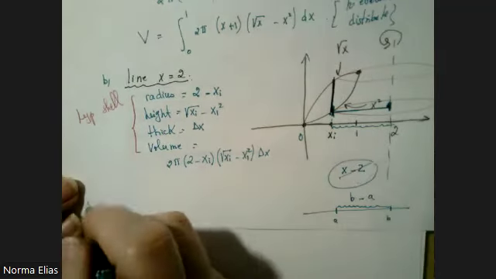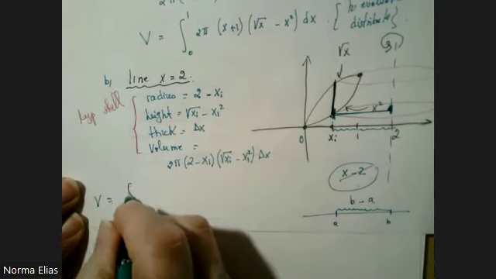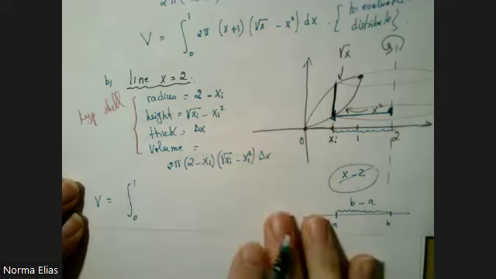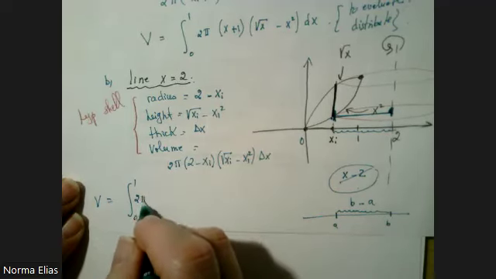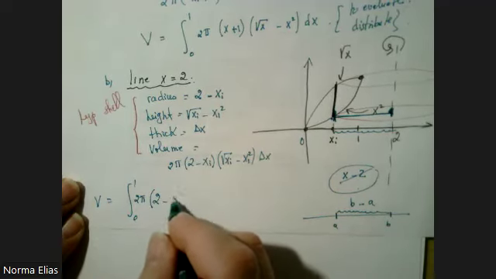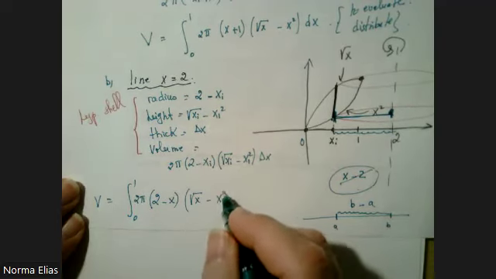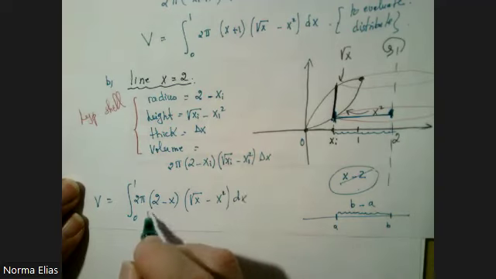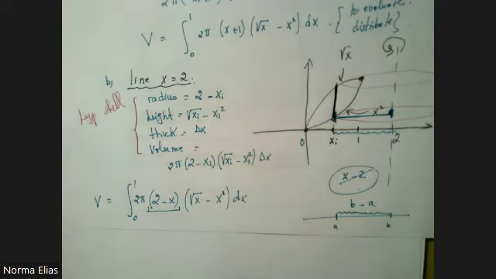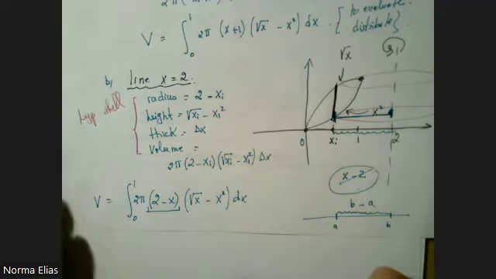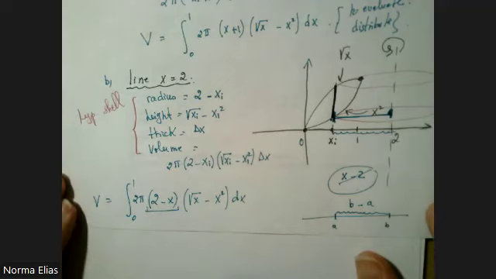So finally, the volume is integral from 0 to 1 of 2 pi times (2 minus x) square root of x minus x squared dx. So this is really the radius, which is really changing. Now I can give you tons of problems along the same line, but definitely that's not what I'm going to be doing right now. This, you do in your homework.